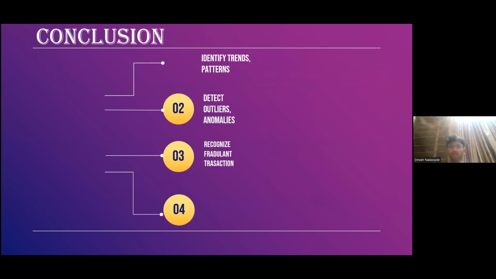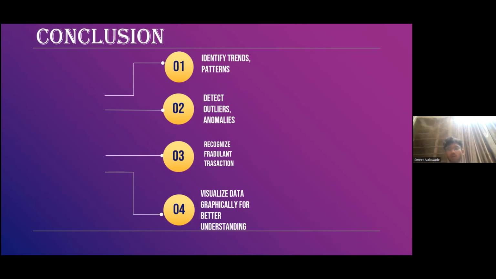Also, we recognized the fraudulent transactions which were present in the data set. With that, we were able to visualize the data graphically for better understanding. Without exploratory data analysis, it was almost impossible to get a better understanding of the data set and identify the trends as well as patterns. So it is really important to know how exploratory data analysis works.